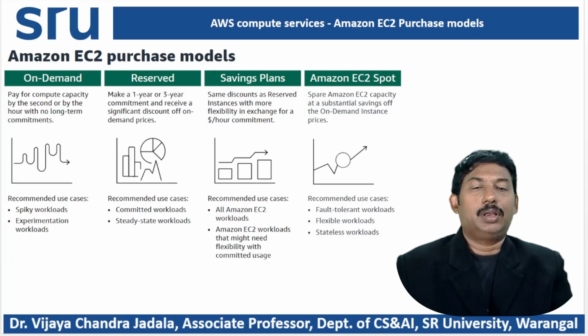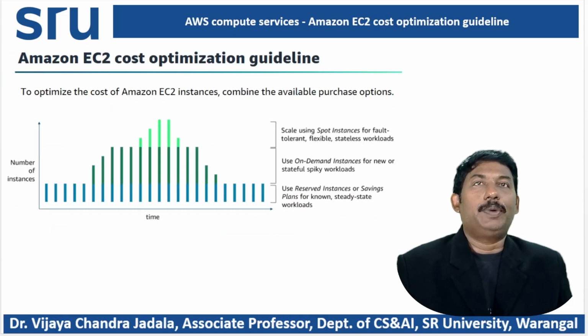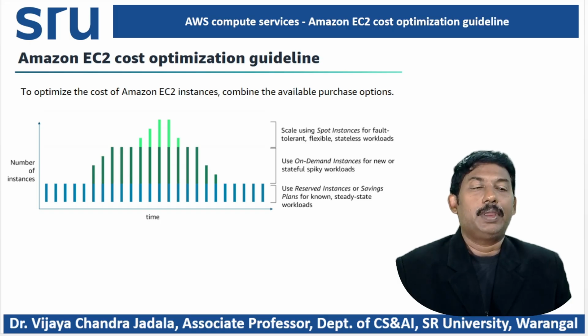Then comes the final topic of this particular session, that is the cost optimization guideline. Here you can observe cost optimization of EC2 instances, which combines the purchase options. The scale is given, number of instances as an example based on time.